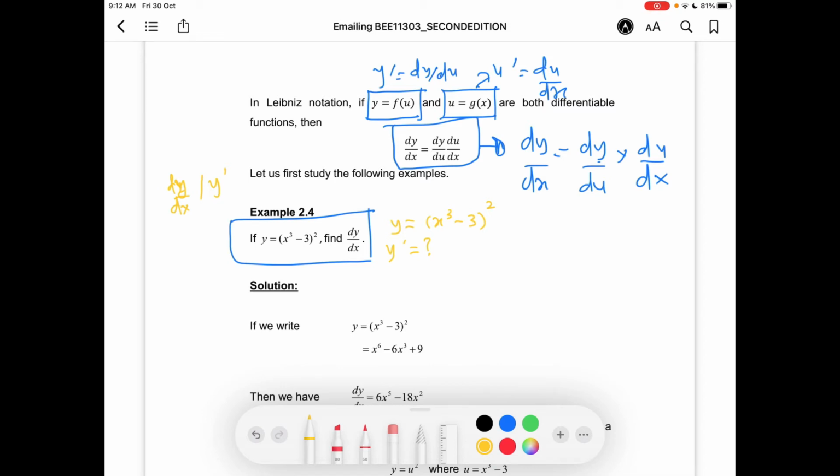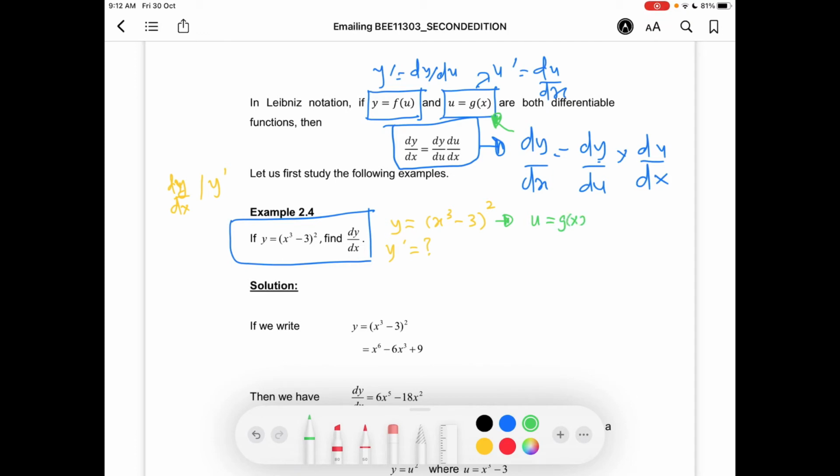Now if you look closely into this question, you can abstract which one is the inner, which one is the outer. So for the inner function, we can say that u, because u is the inner function, u equals to g of x over here.